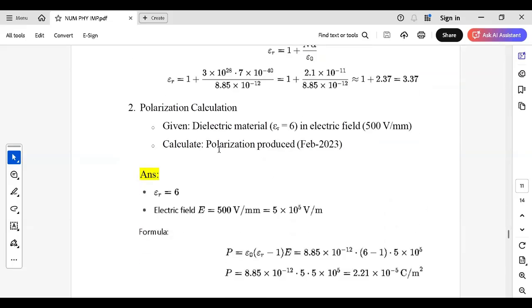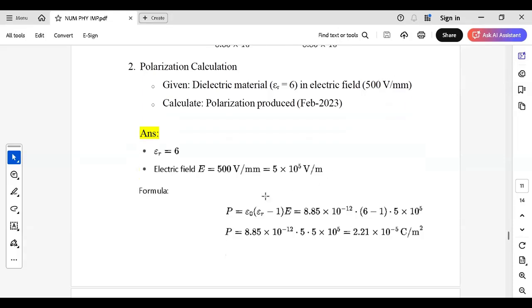Next, you have to calculate polarization produced. Dielectric material, epsilon R is equal to 6, in an electric field of 500 volt per millimeter.